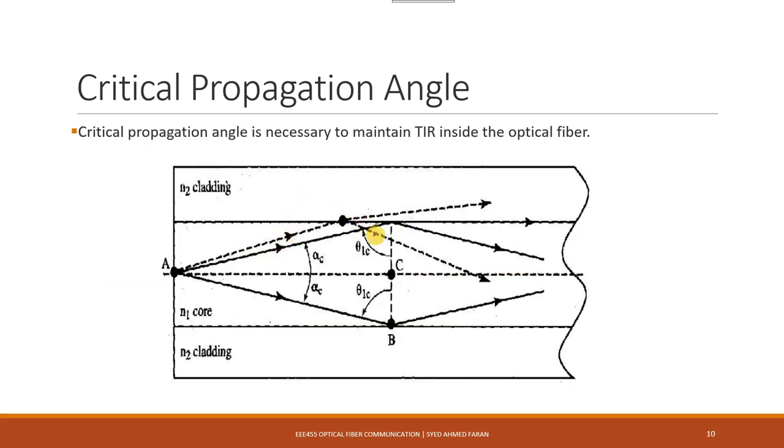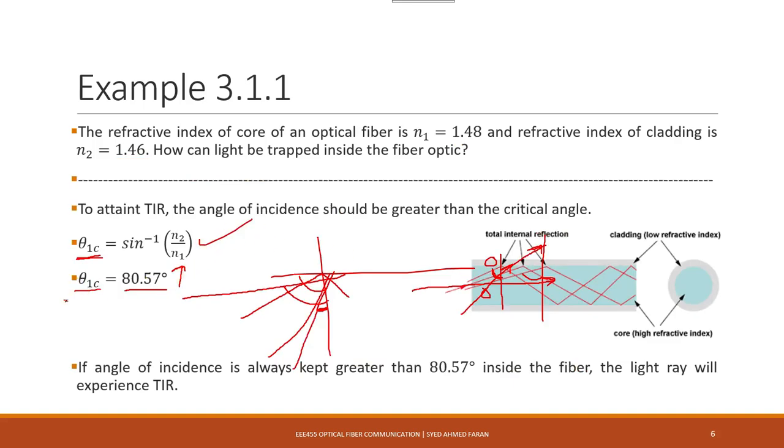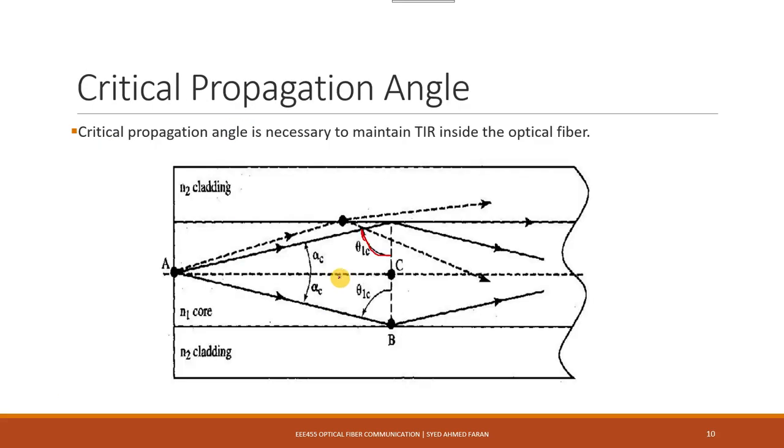As we discussed in the previous lecture, to maintain total internal reflection, this angle has to be greater than the critical incident angle. In the first example, we found that the critical incident angle was 80.57 degrees.